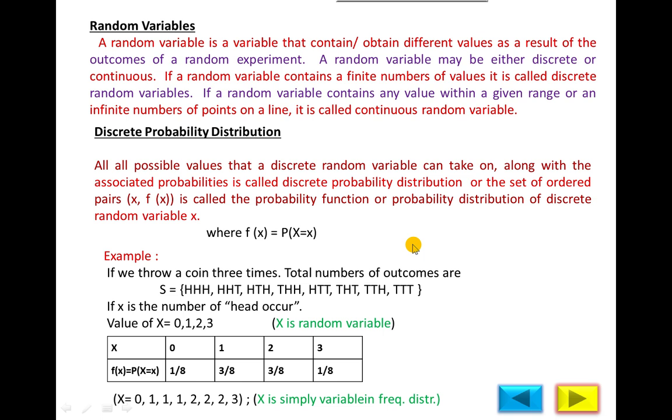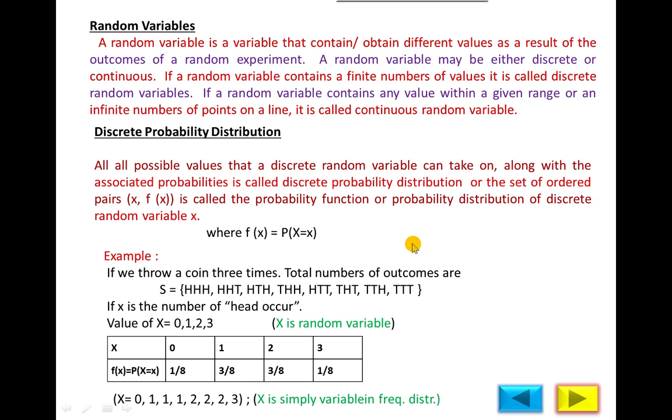So what is a variable you have used in frequency distribution? Variable represents all the values, all the collected data, actual data, raw data. And what is the random variable? Random variable represents the possible results of the variable.